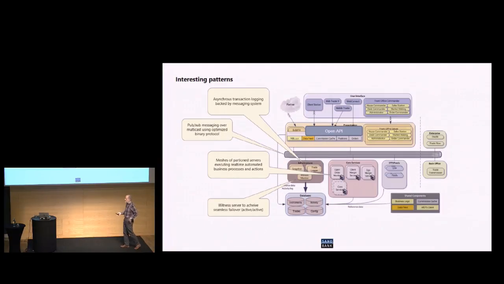We use a witness server to achieve the seamless failover here between two essentially active instances of a component. They are essentially receiving the same stream of information. They maintain the same state, and one of them is deemed active using the witness server, or if they are in contact with each other, and it's only the active one.